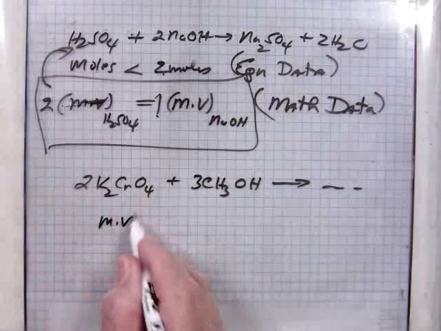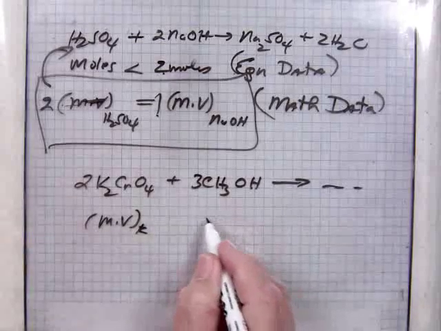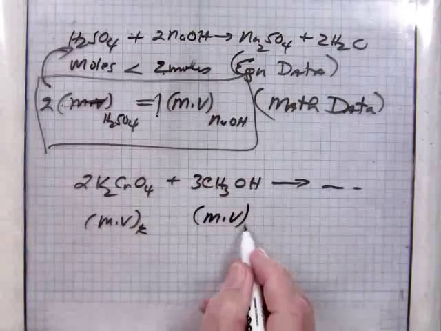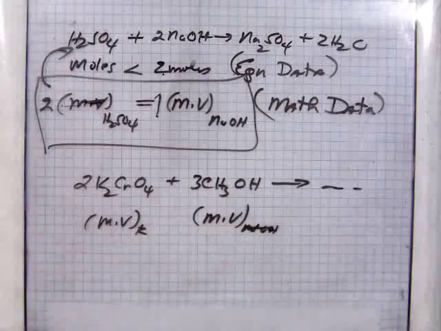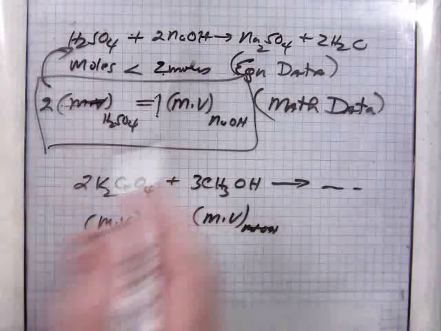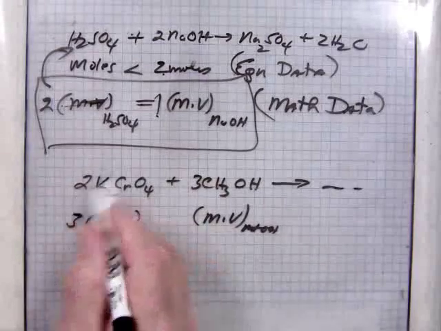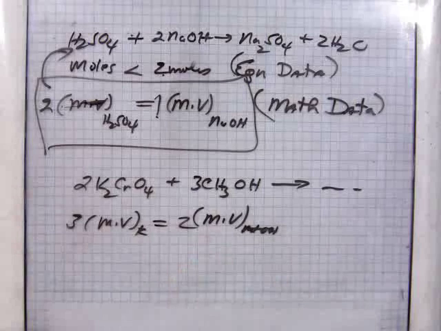Molarity times volume of this potassium chromate and molarity times volume of the methanol. Now, in this form, you can't say those are equal. But if you take the coefficient on methanol, put it over here under the chromate, and the coefficient on the chromate, put it over here, now you can say that. Now throw in the data they got.